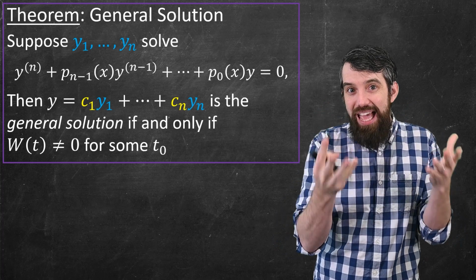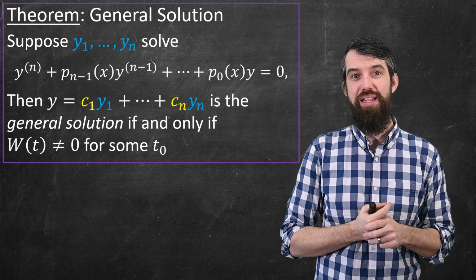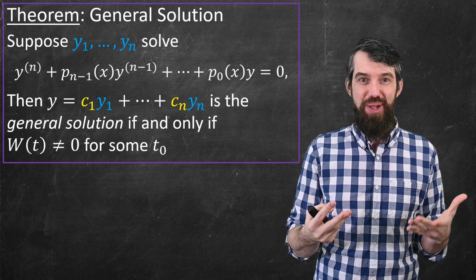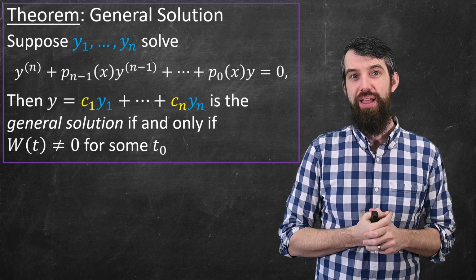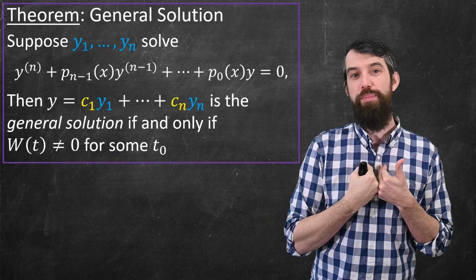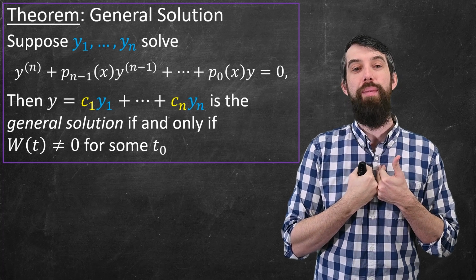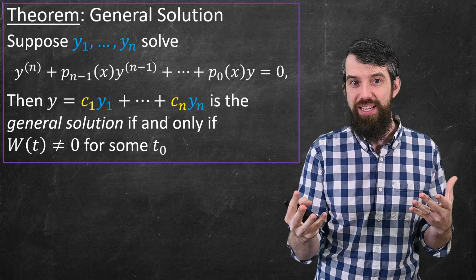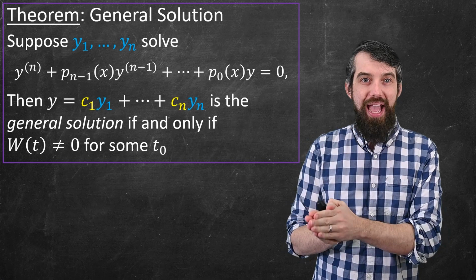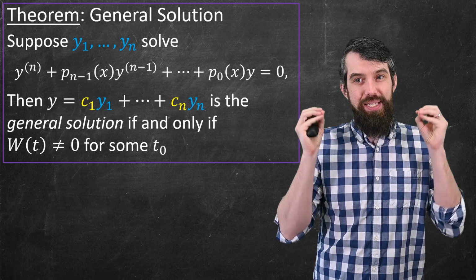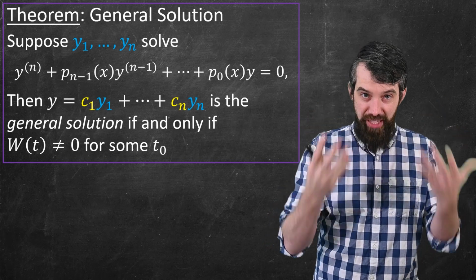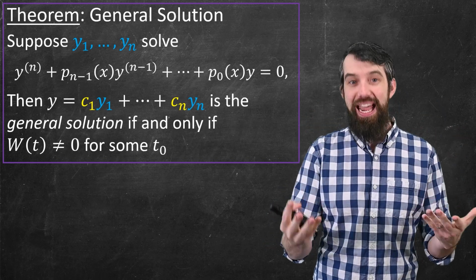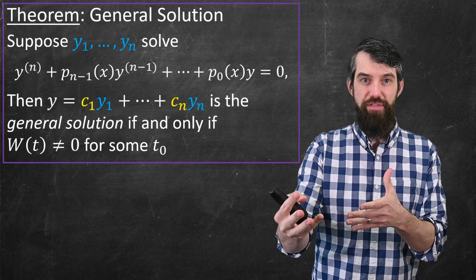And if you have n linearly independent solutions, then the linear algebra word would be to call them a basis, because anything could be written as a linear combination of them. In differential equations, we typically call these not a basis, we call them a fundamental set. So y1 down to yn is called a fundamental set. And this means precisely what we've written down here, that they're linearly independent and that any solution can be written as a linear combination of them.